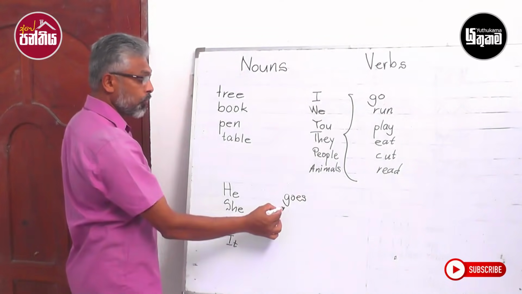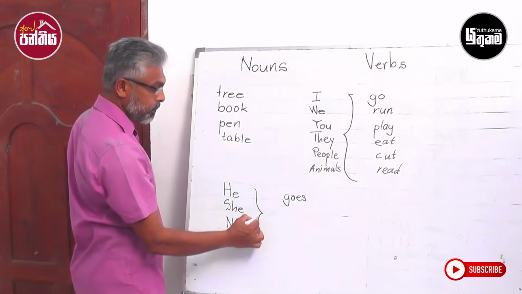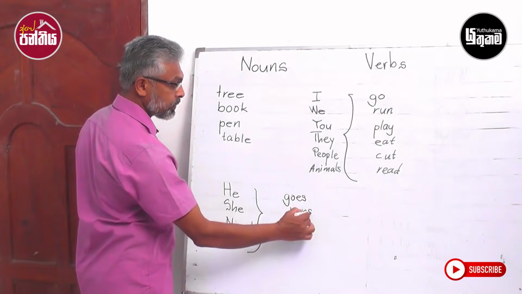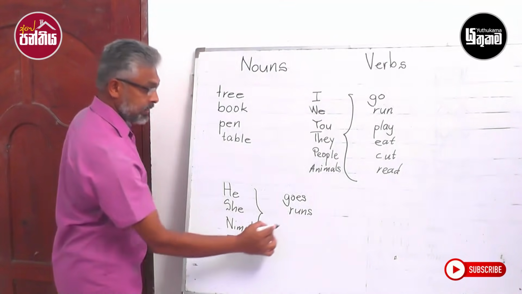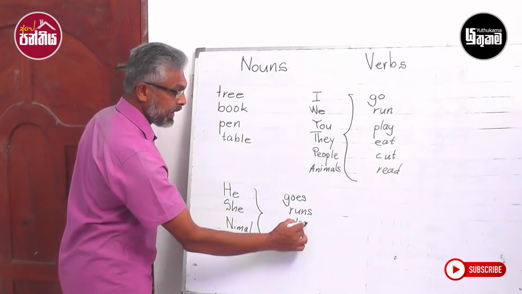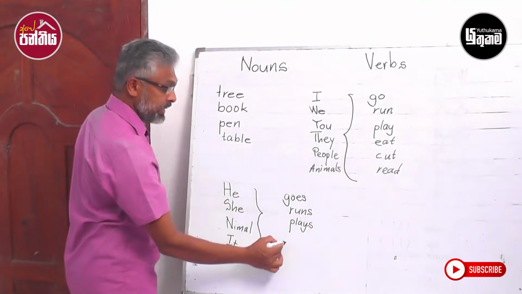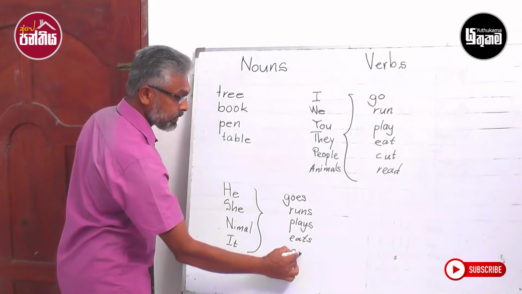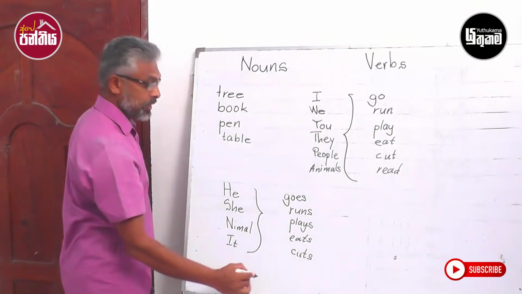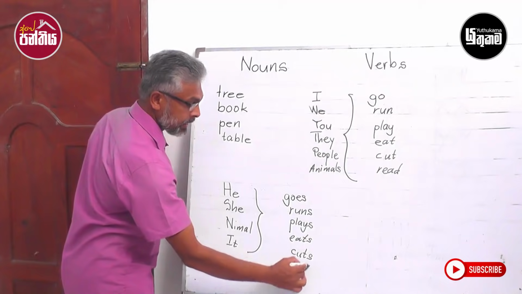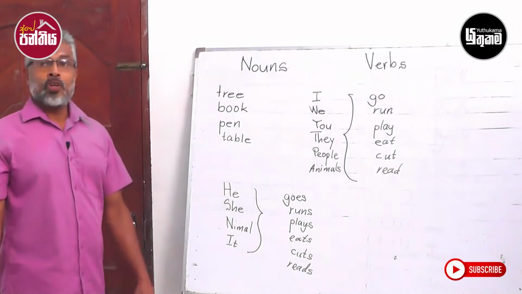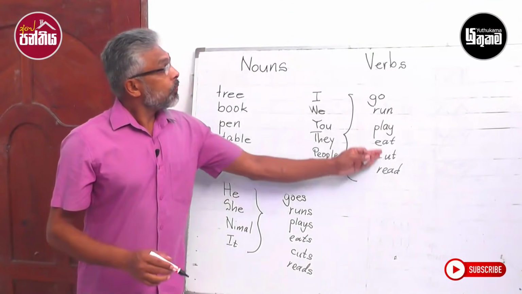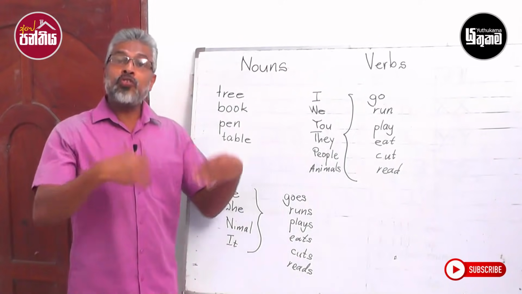This go becomes goes here with these subjects, and run becomes runs, and play once again plays, and of course eat eats, cut cuts, read reads. So what we have done here is to convert these plural verbs into singular verbs.